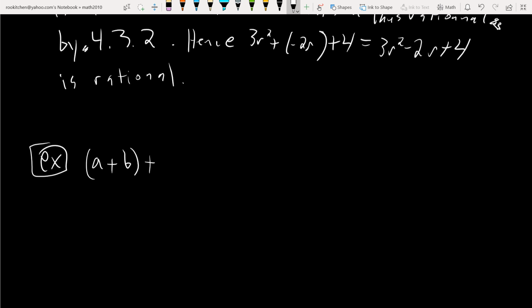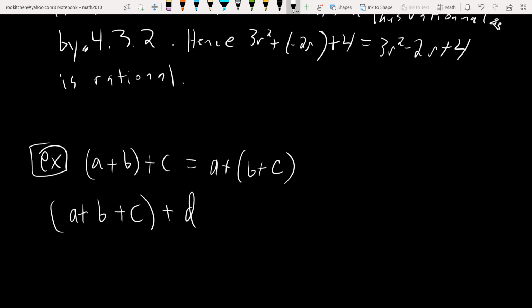So a plus b plus c equals a plus b plus c, and you want to show that this holds for something a little more like a plus b plus c altogether plus some other d equals a plus b plus c plus d, right?